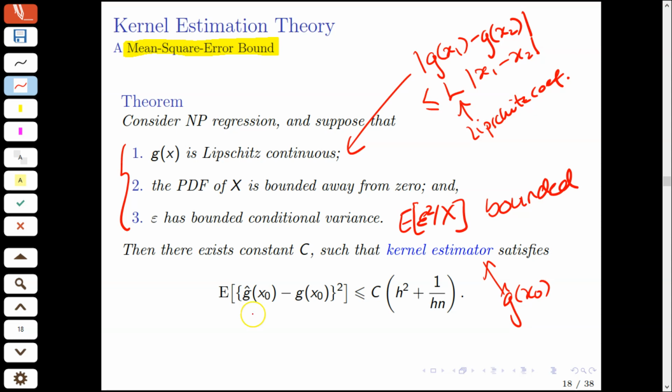That is, the square difference between our estimator and our estimand, both at a particular point x0, in expectation, is no more than a constant factor times the sum of 2 terms. The first term being the square of the bandwidth, and the second being 1 over the product of the bandwidth and sample size.